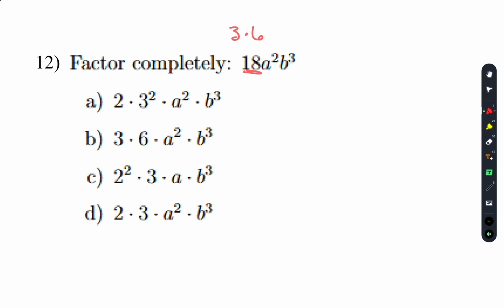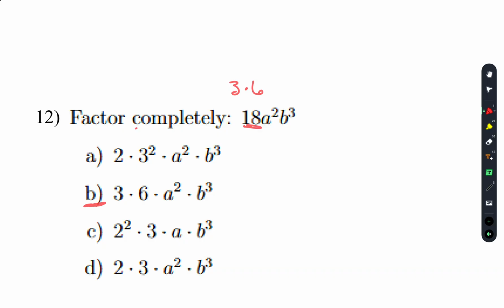I don't know what your brain came into or what you thought. But do you see how that could be B? Do you see the 3 and 6, a squared b cubed? It's wrong because it needs to be factored completely. So you need to change that 6 into 2 times 3. Isn't that mean? I thought that was mean.